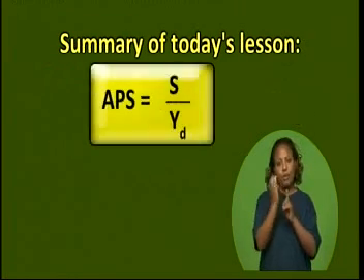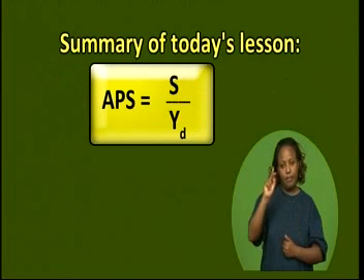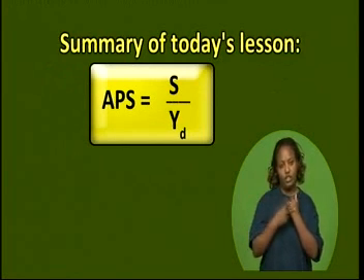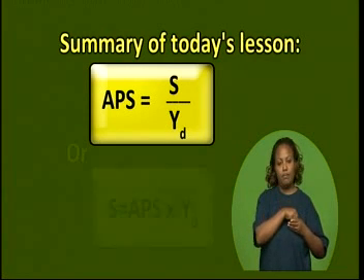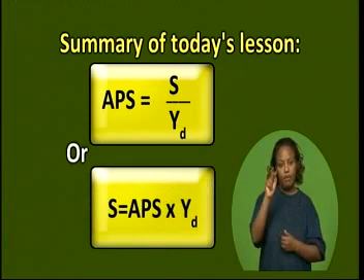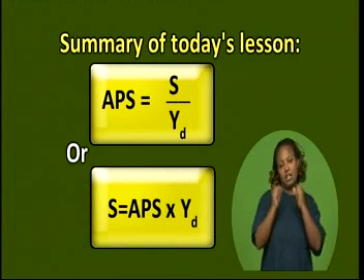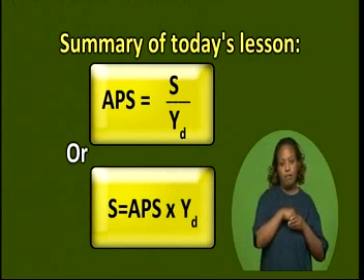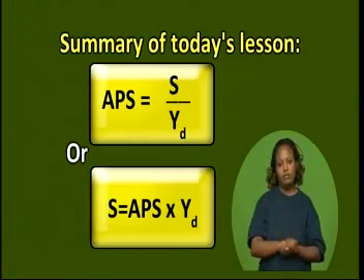The average propensity to save, APS, is the ratio of total savings to total income. Given the APS, savings can be derived by multiplying income by APS.